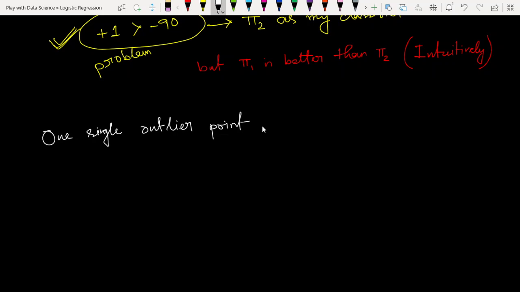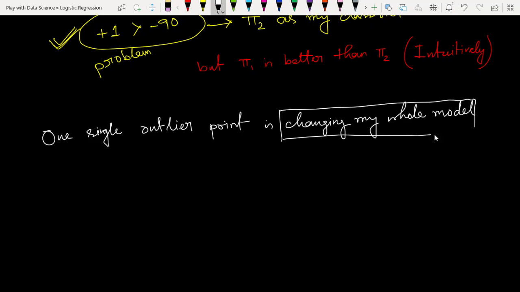Changing the whole model means it affects our hyperplane. This is a very bad situation.